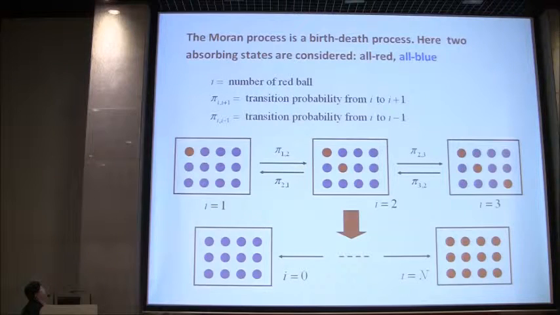Here, two absorbing states are considered, all red or all blue. We denote I as the number of red balls, and pi I plus 1 is the transition probability from I to I plus 1, and similarly pi I minus 1. So the absorbing states are I equals 0 or N.